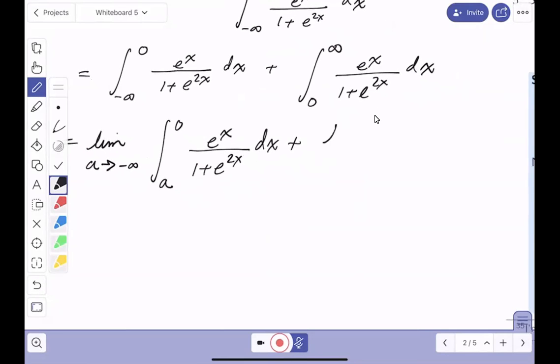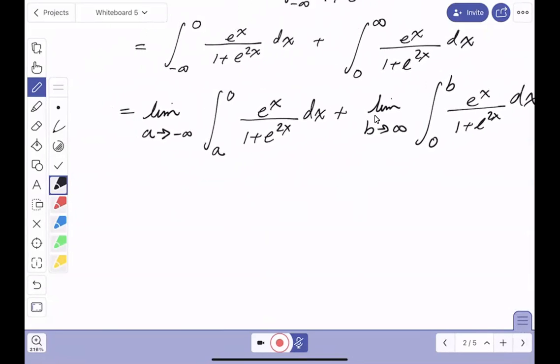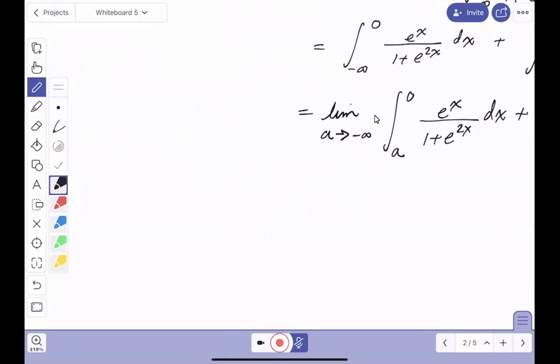I'm going to put limit as b goes towards infinity, integral from 0 to b, e to the x over 1 plus e to the 2x dx. All right. I'm going to do a little side work. It's going to be side work now. Not everyone needs to do side work, but I want to encourage it. So I want to do this over here.